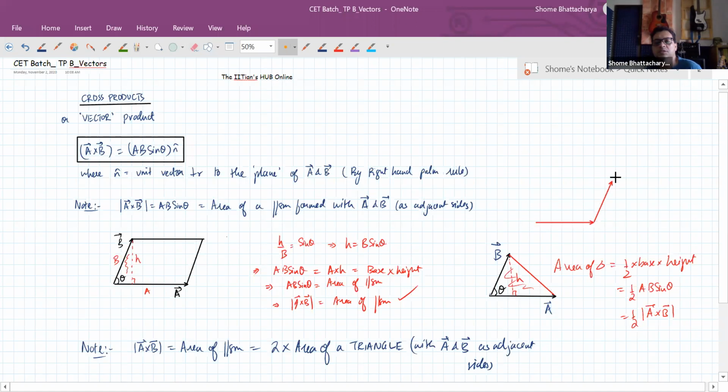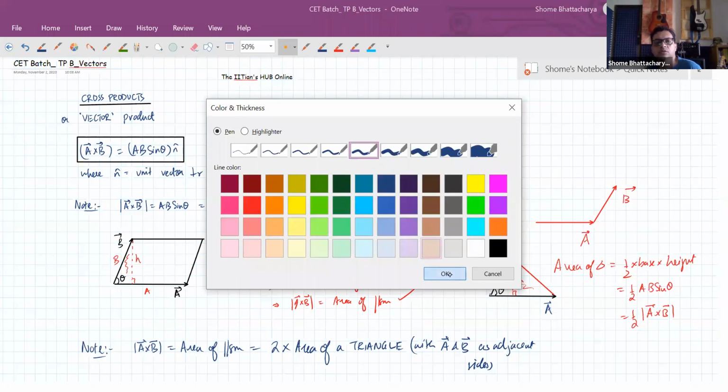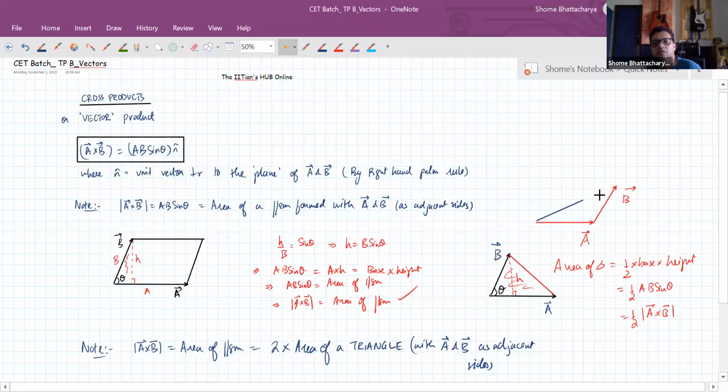This is A and this is B. You can also draw it this way. That means you can draw them, instead of from a common origin, head to tail. If you do that also, you get the same area of the triangle.